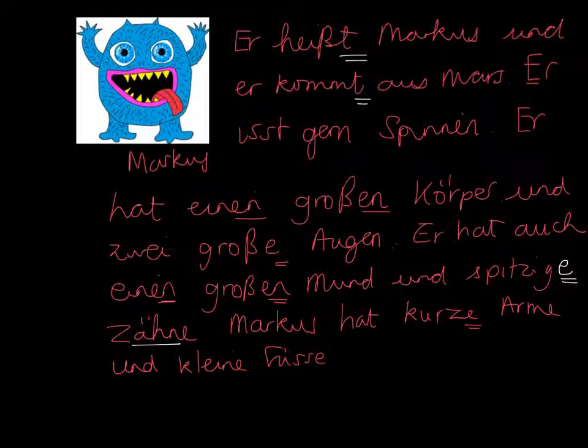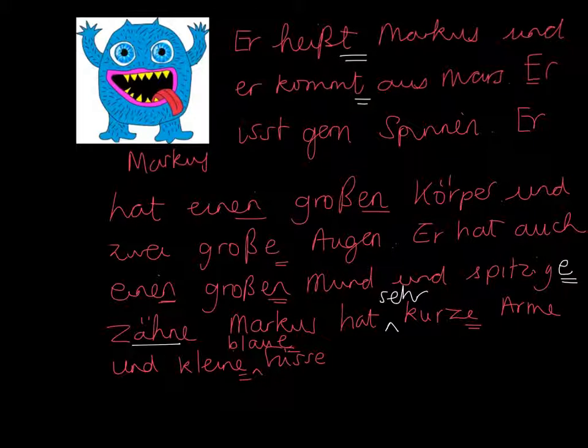You can add a tiny intensifier in here, actually, just to make it a little bit more complex. He's got very short arms. Hat sehr kurze Arme. And his feet are actually blue, so I'm going to actually put two adjectives in here. I'm going to say, and small, blue feet. Und kleine, blaue Füße. So I actually need the E on the blau and on the klein.